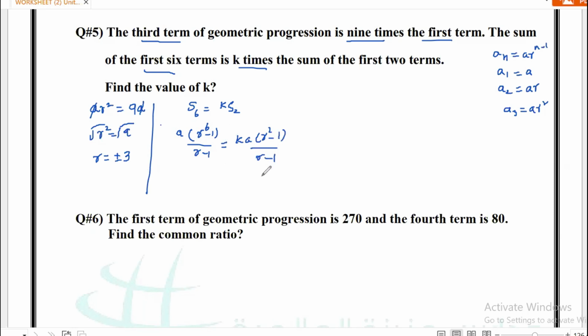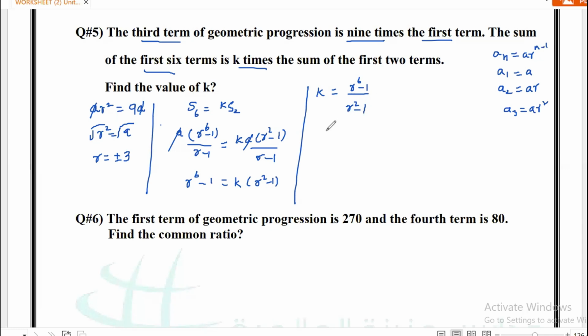We can cancel r minus 1 from both sides, as well as a. So we have r power 6 minus 1 is equal to k times (r square minus 1). And next step, k equals (r power 6 minus 1) over (r square minus 1).